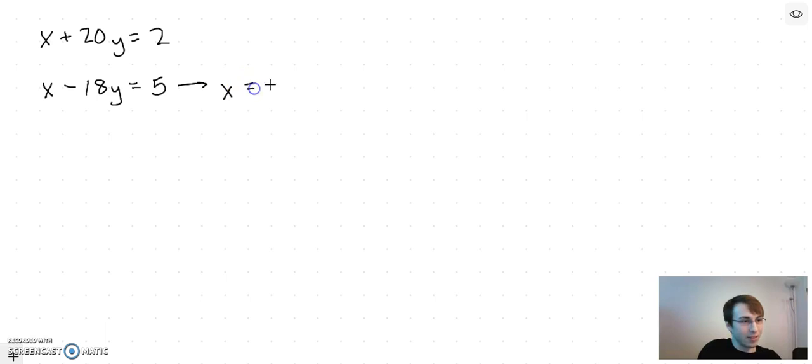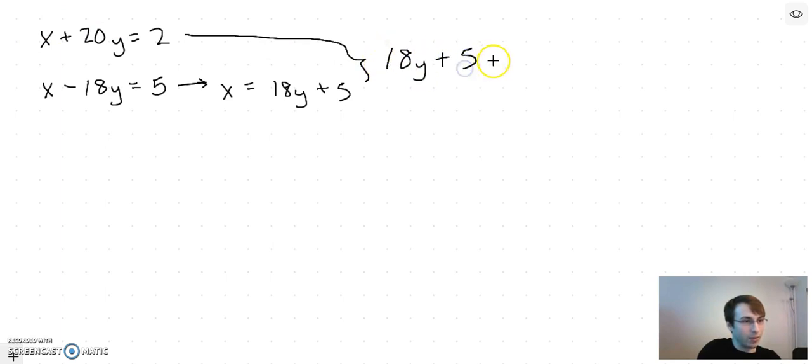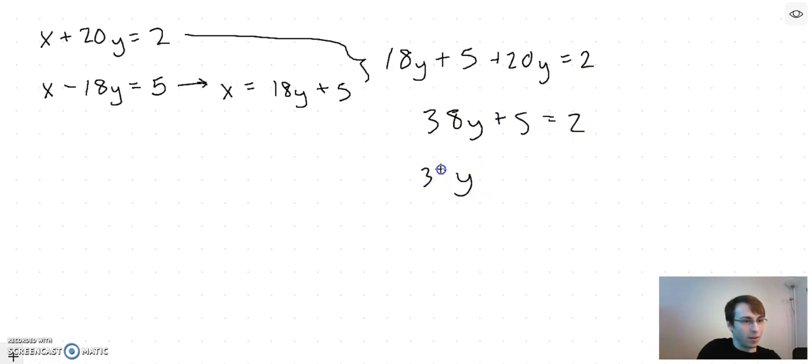So x equals 18y plus 5, and then we'll combine both of these equations. We'll put the x into this x over here, and then 18y plus 5 plus 20y equals 2, 38y plus 5 equals 2, 38y equals negative 3, y equals negative 3 over 38.